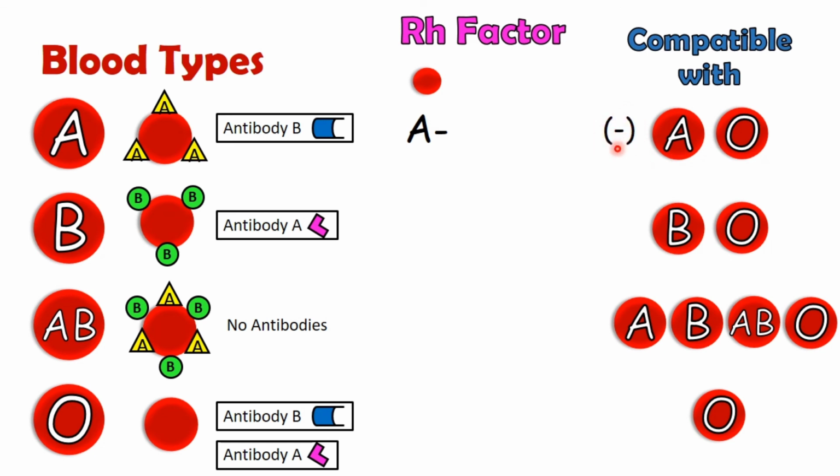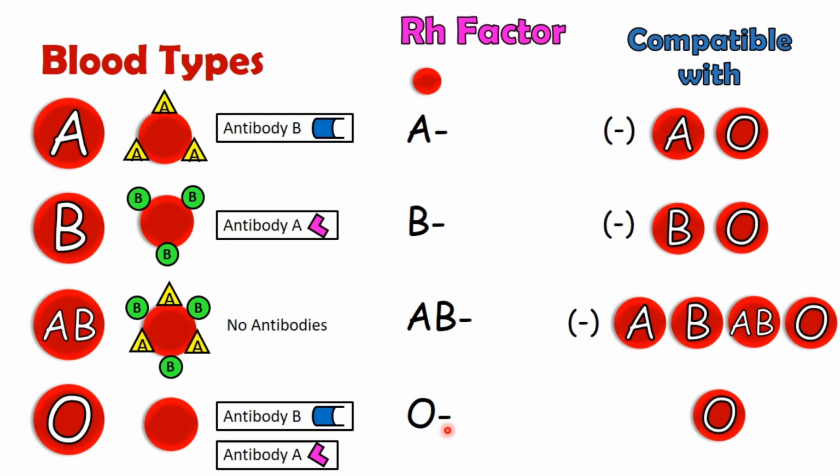Okay, the same goes for B negative. It can receive from negative blood types and also the O blood type only. And for AB negative, it can receive from negative A, negative B, negative AB, and also negative O. So it only receives from these types of blood which have the negative sign, not from the positive sign.